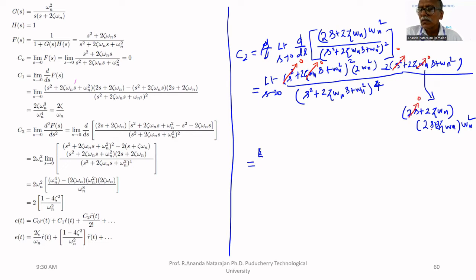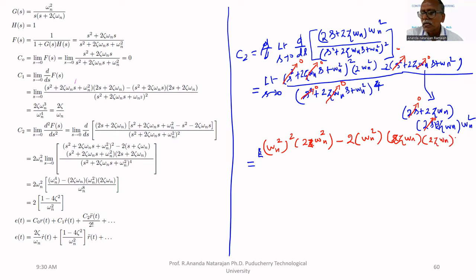So the remaining terms: you will get omega n square whole square, that is omega n to the power 4, times 2 omega n square, minus 2 omega n square times 2 zeta omega n times 2 zeta omega n, upon omega n to the power 8.